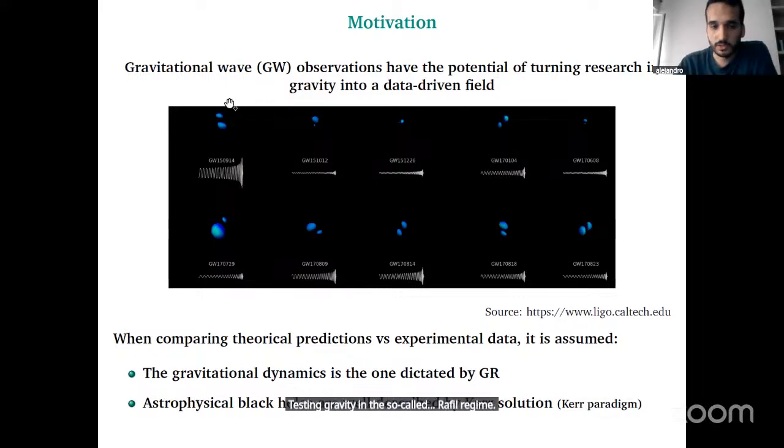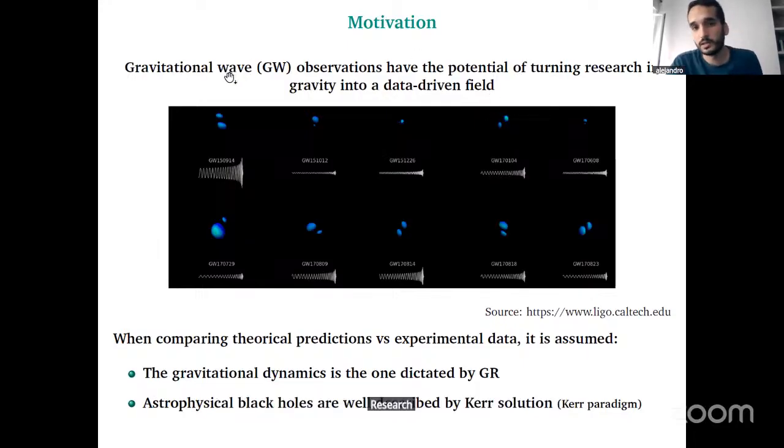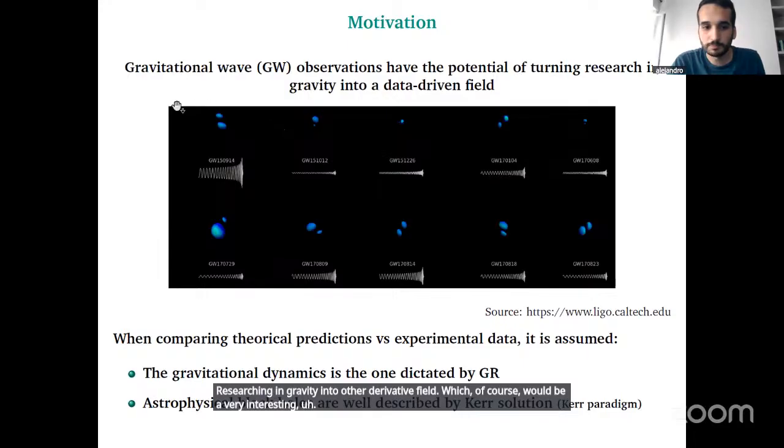to gravitational wave observation, gravitational wave signals coming from binary black hole mergers and neutron stars, and this has the potential in the future of turning research in gravity into a data-driven field, which of course would be a very interesting and exciting opportunity.